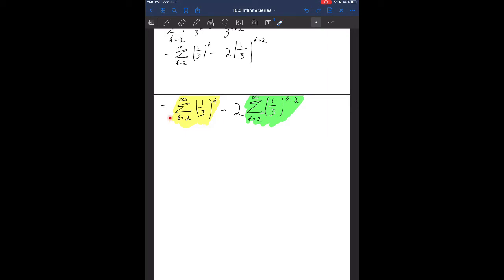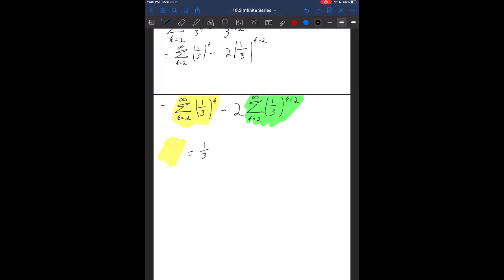So again, as I said before, this should remind you slightly of a geometric series. But again, similar to the last problem we dealt with, we now have a k equals 2 on the bottom instead of a k equals 0. But we now have a technique for dealing with this.